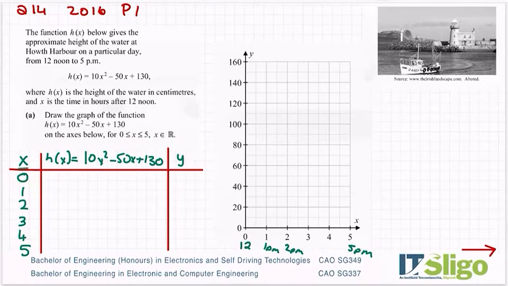So what this means is x takes on the value 0 for this line. So anywhere you see x in the function, in goes 0. So that you end up with 10 times 0 squared minus 50 times 0 plus 130. Okay, in the next line, x takes on the value 1.